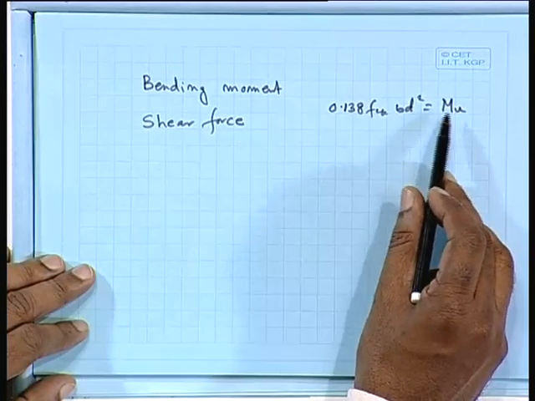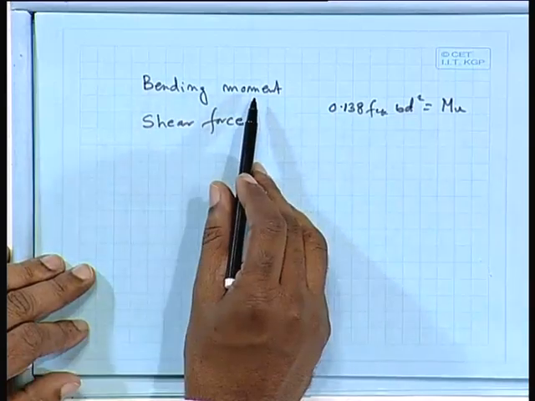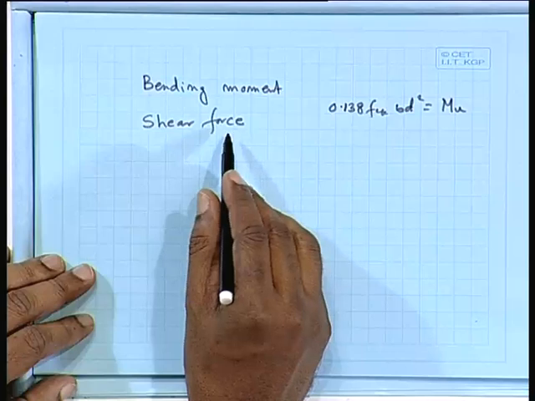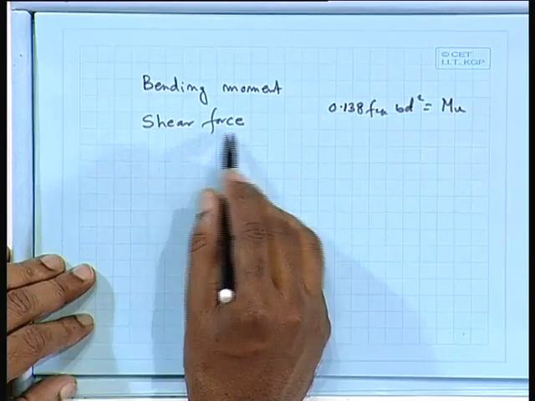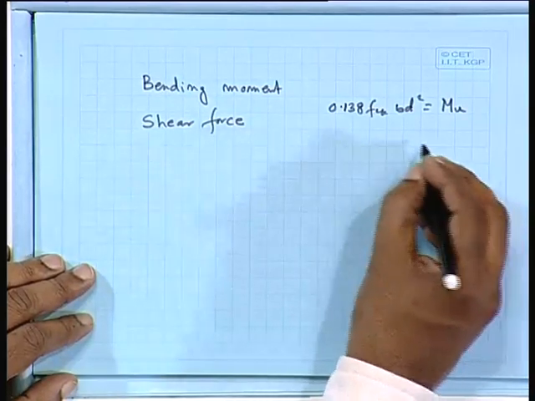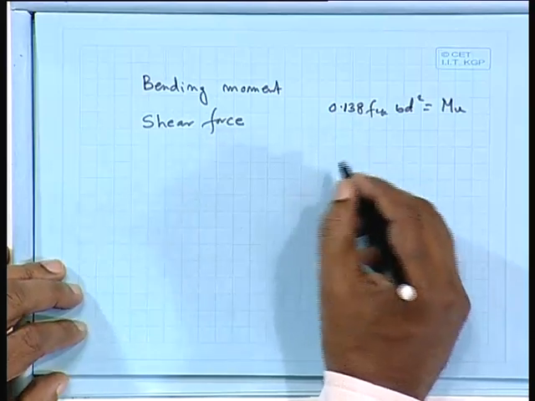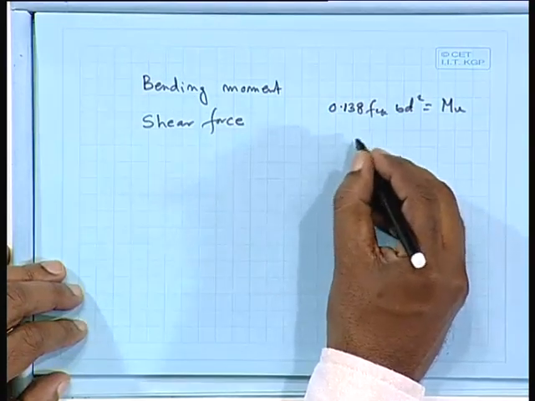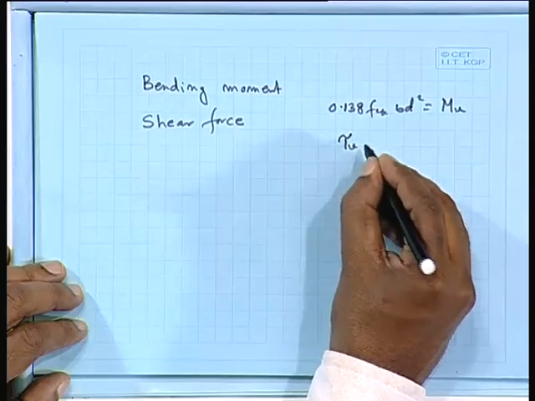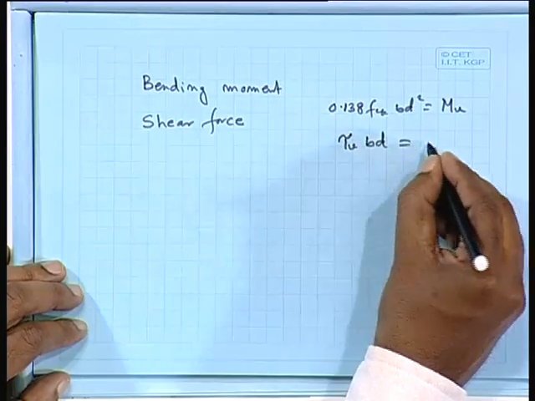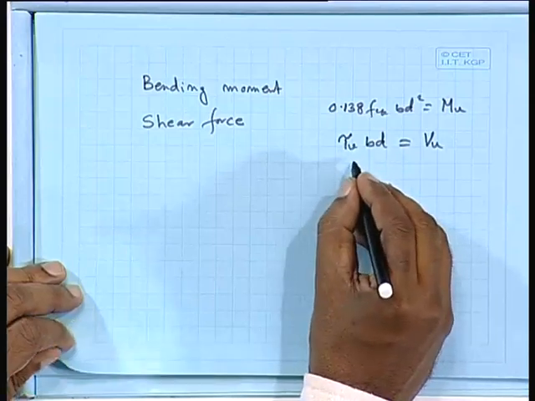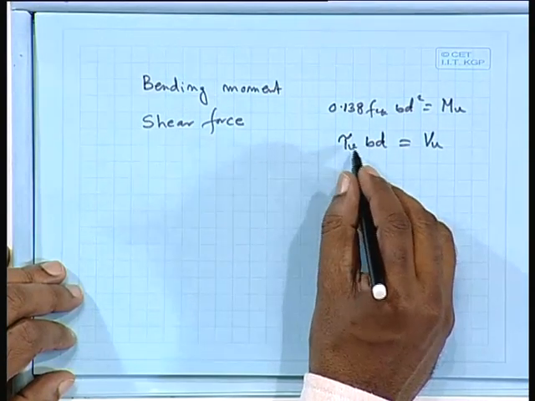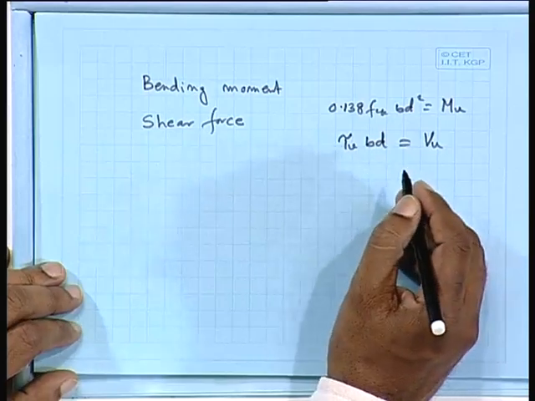The Mu is the ultimate moment developed due to the bending moment, whatever load is applied, and shear force also we have, that is your V or Vu. So, from there also you can find out the shear stress developed, tau V, and tau V times b d equal to Vu. So, we can find out the shear stress, and critical stress also we can find out. So, tau V minus tau C, from there we can provide the shear reinforcement.